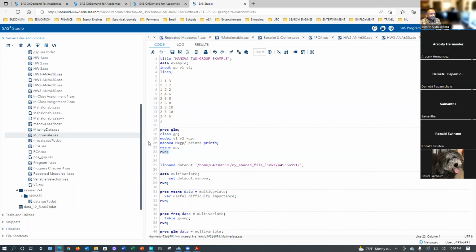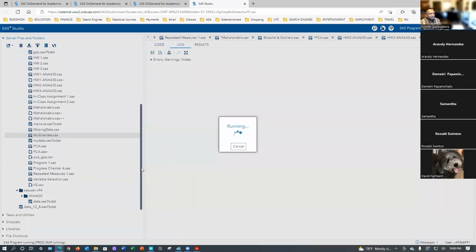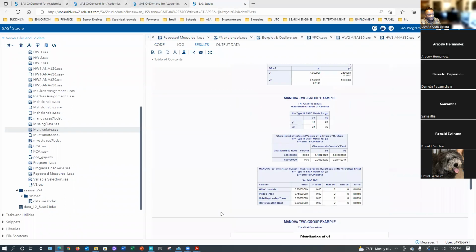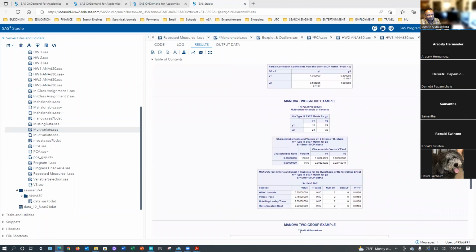Let's go to our multivariate output. The main thing I'm interested in here, as I said, is these two and Wilks' lambda and everything.